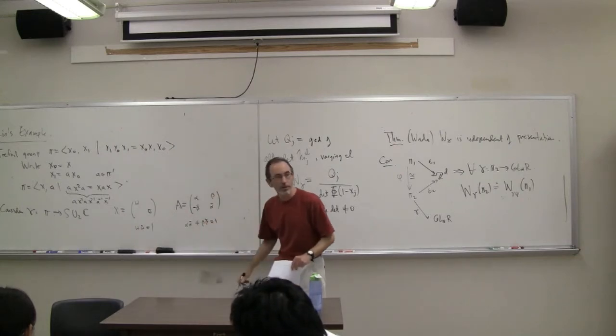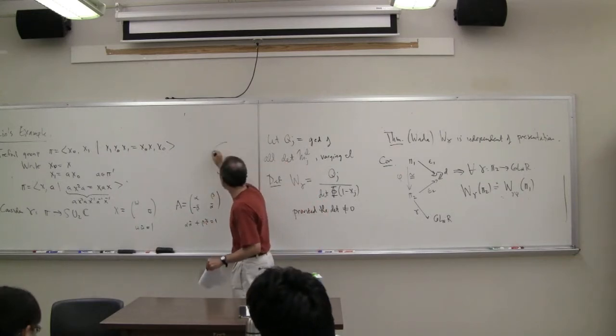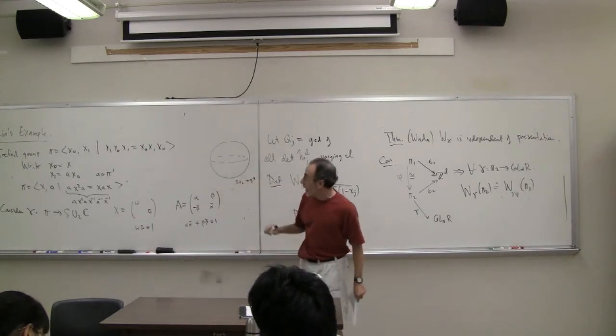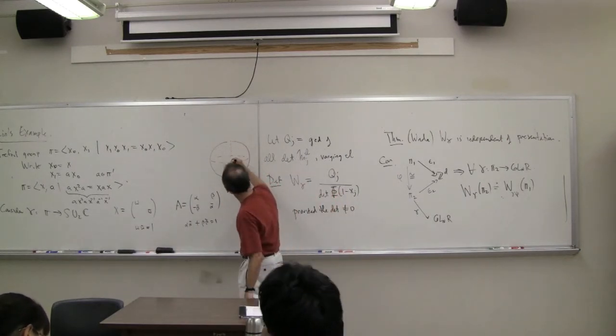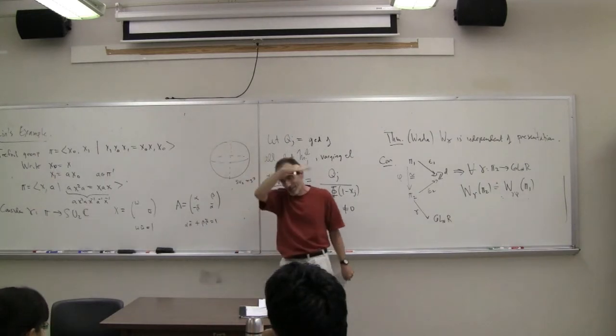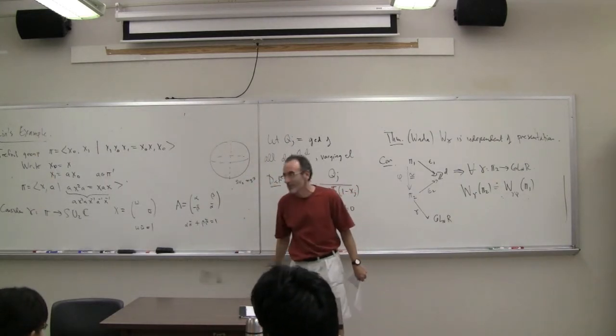This expresses the situation where you can think about SU2 as the three-sphere, and the traces of the elements correspond to the latitudes.